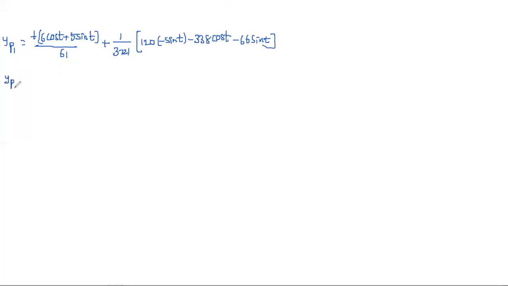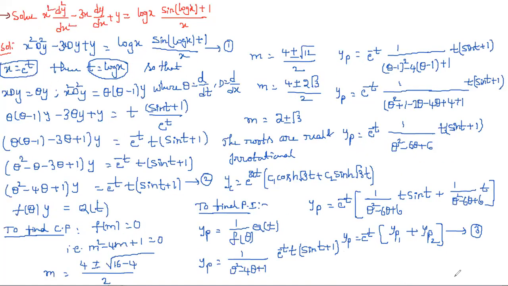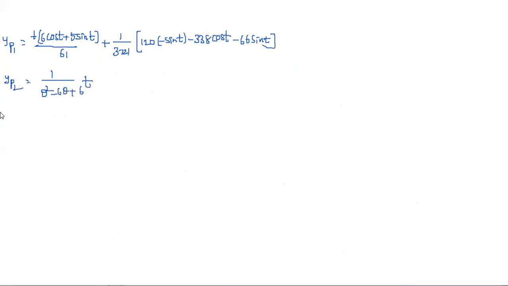Next yp2 comes, so 1 by theta square minus 6 theta plus 6 into t, right? Theta square minus 60 plus 6 into t. This is the third type, so 6 we can take common, and then 1 plus theta square minus 60 by 6 into t, and 1 by 6 we can write.